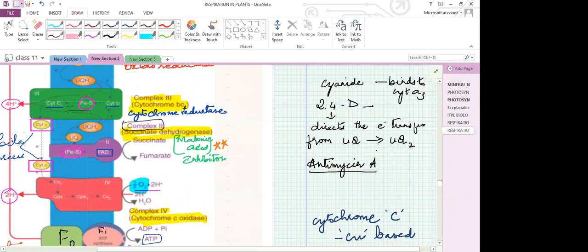You can see the arrow mark here, from the cytochrome B complex to cytochrome C. So it prevents electron movement from cytochrome B to cytochrome C1. So these are some of the respiratory chain inhibitors.